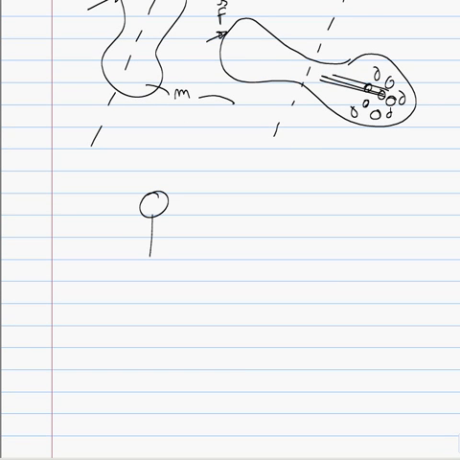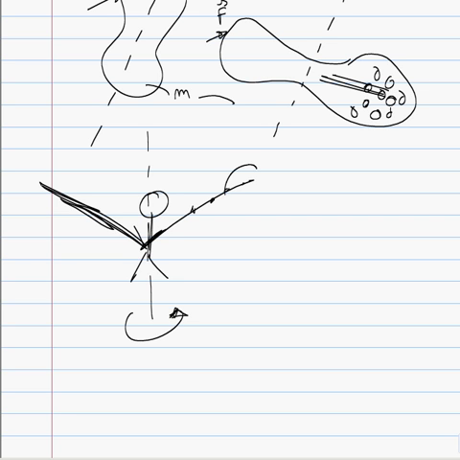So another example would be ice skaters. If the ice skater has long arms spread out, then the mass distribution is further away from the axis of rotation. And if you push with a particular force perpendicular to the page, this ice skater will be accelerated in the angular direction.